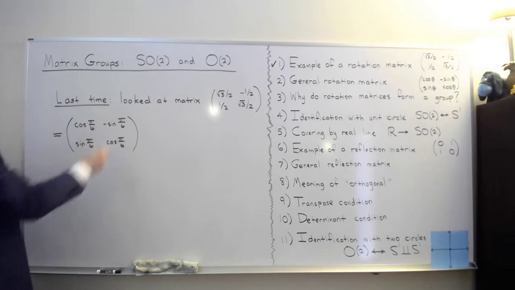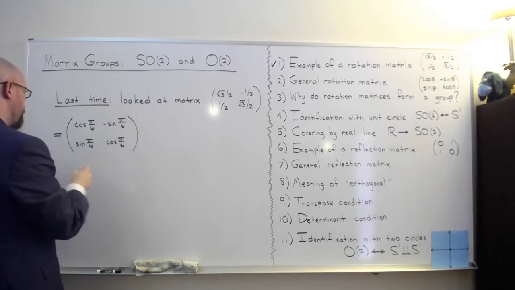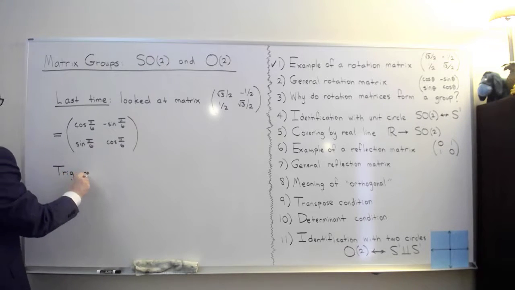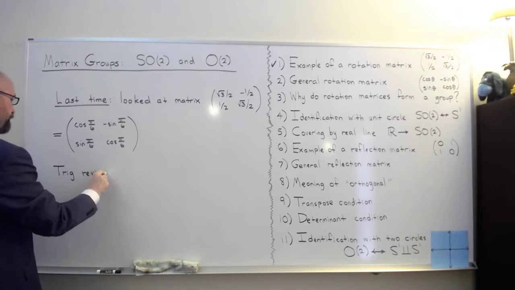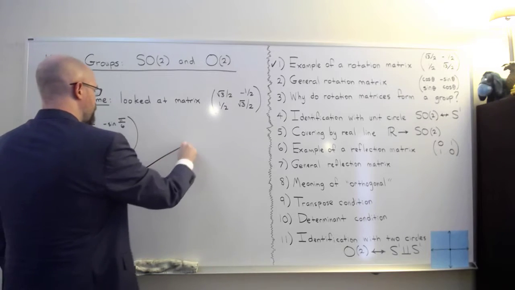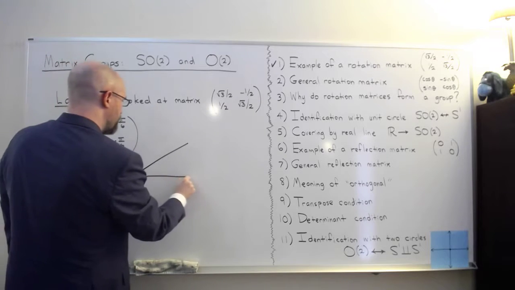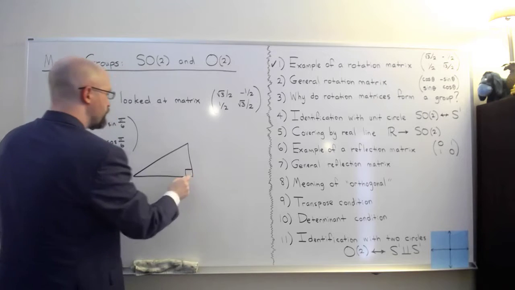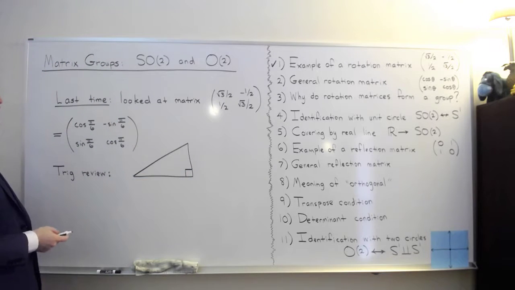And I just want to remind you what this means. So this is a little trig review. If I have any right triangle, and I'm just going to draw a big right triangle here, there's a right angle there.